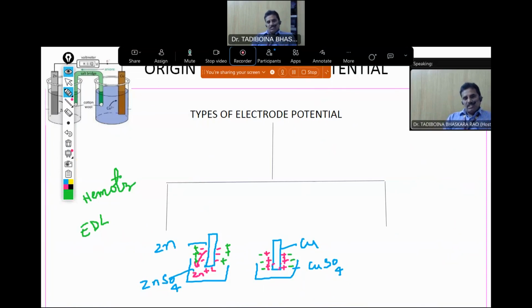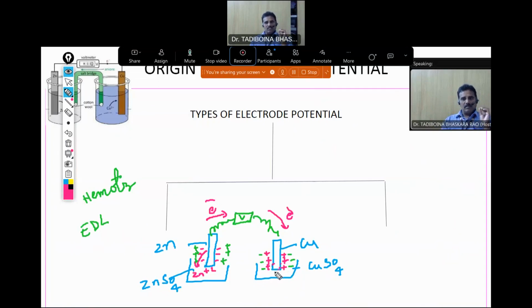To diminish this electrical double layer, suppose you connect both the electrodes through a wire. Then the electrons will flow through the wire from the anode to the cathode. Whenever the cathode receives the electrons, the positive charge will be diminished. Whenever the positive charge is diminished, automatically the sulfate ions also will go back into the electrolyte.